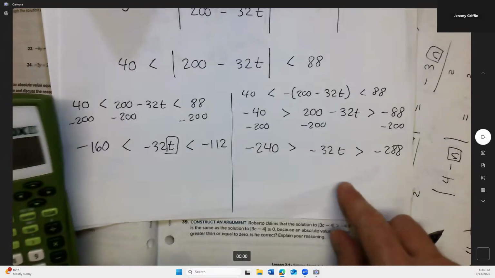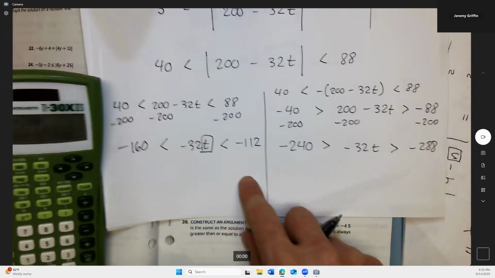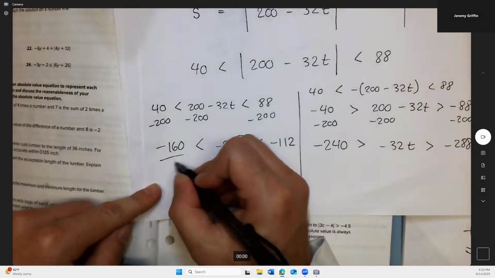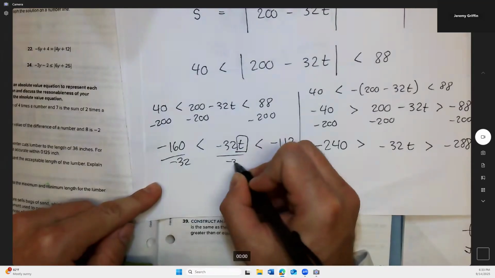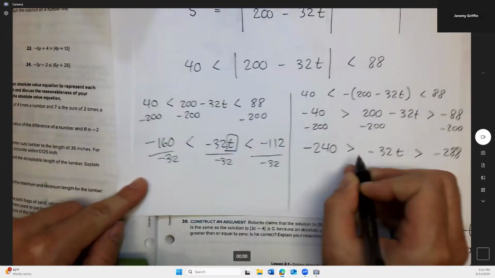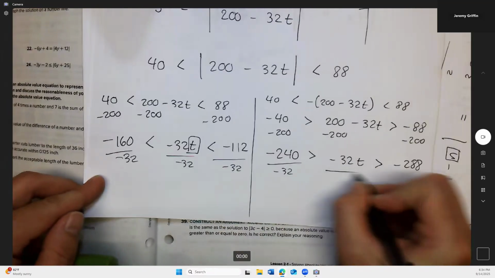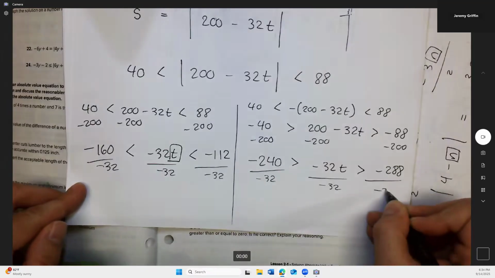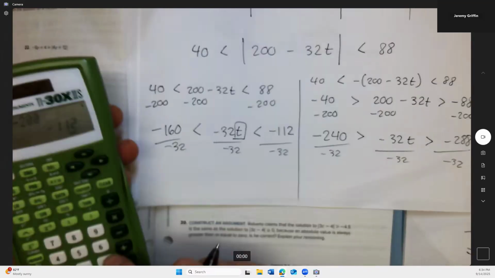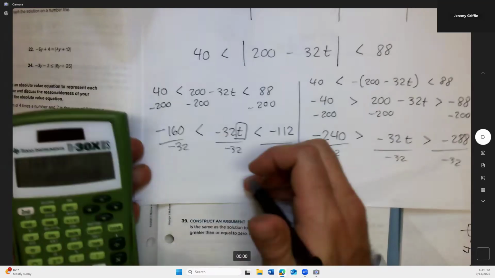Okay, we can do this right. Divide all sides by -32. All right, so 160 over 32, I'm getting 5.